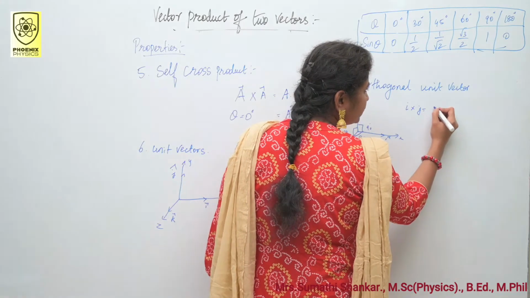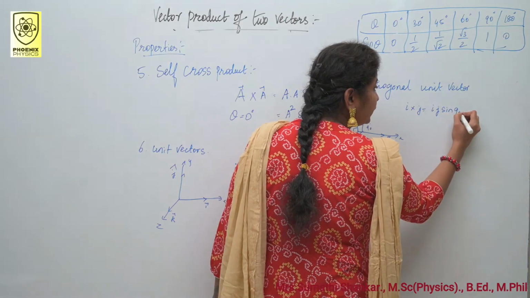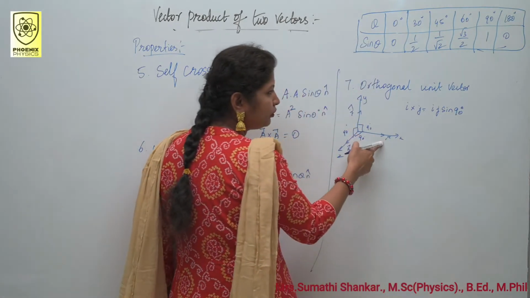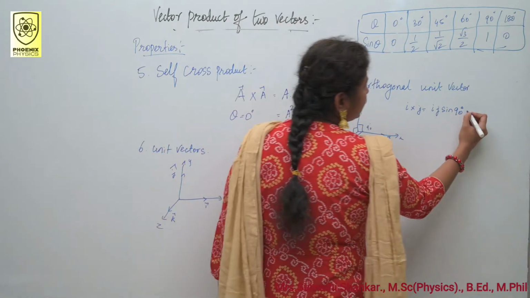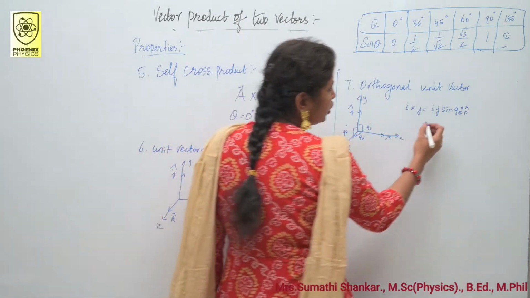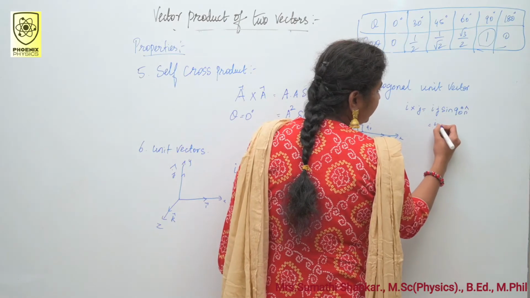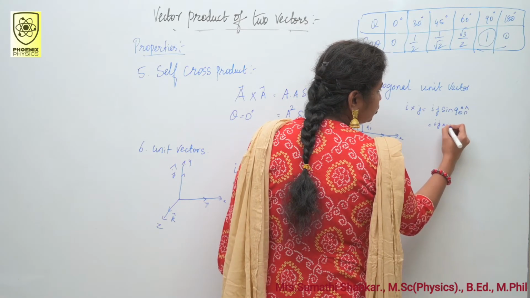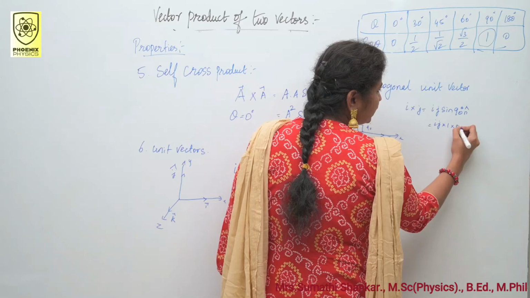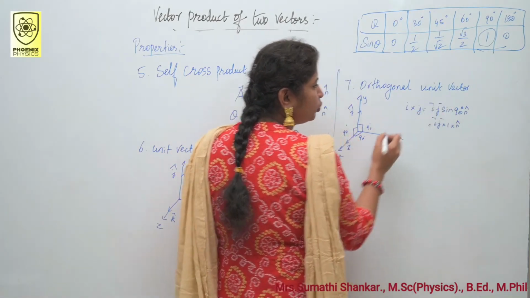So how do you write I j sine 90 degree, because the angle between I and j is 90 degree. Then n cap, n is nothing but our unit vector. Okay. So what is sine 90? 1. So I j sine 90 means into 1 and the unit vector n cap. The I and j are nothing but our unit vector.